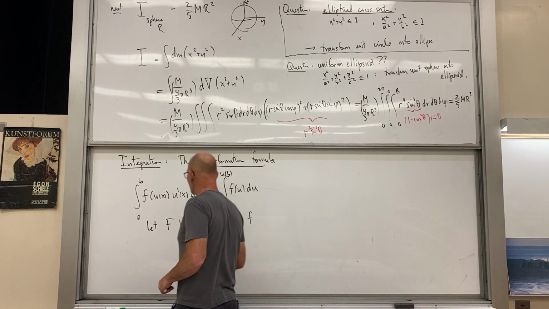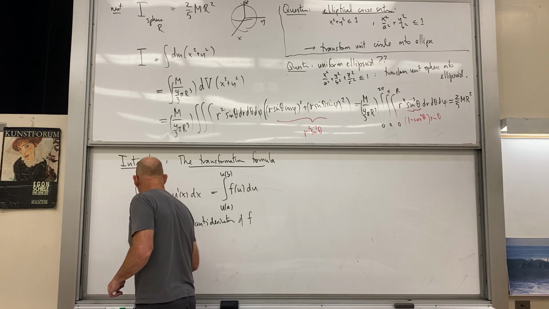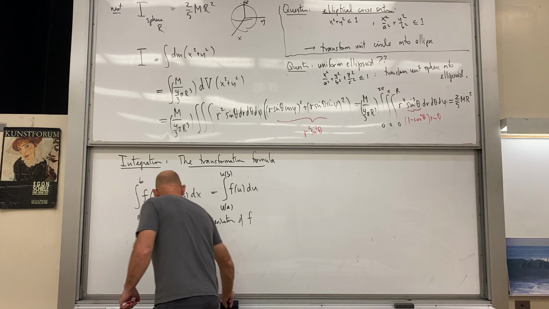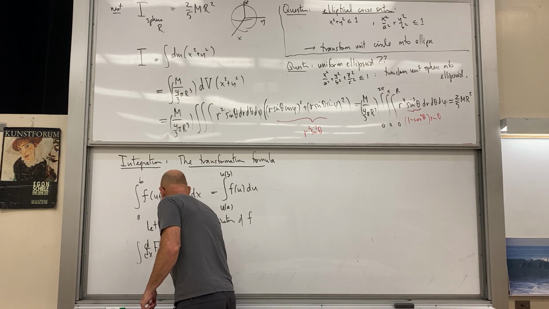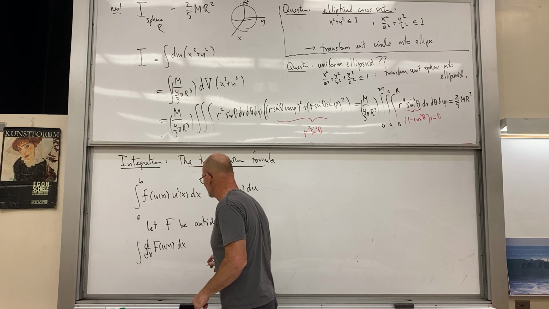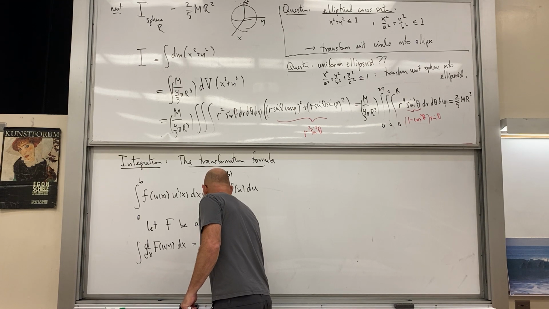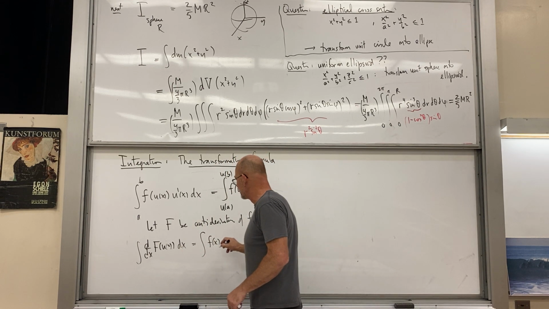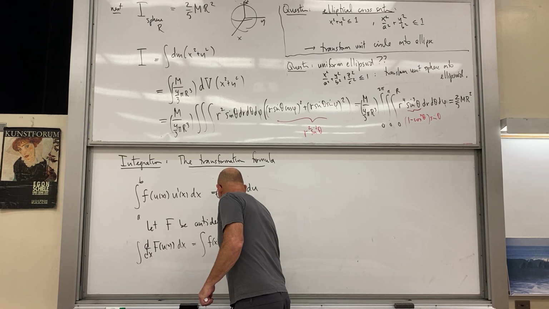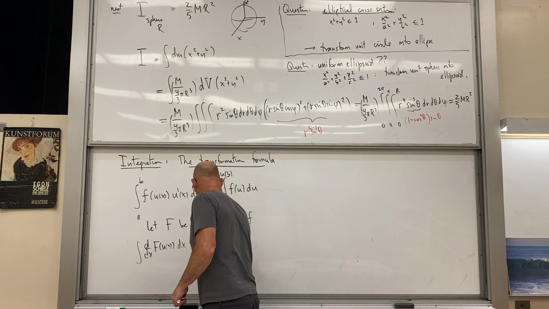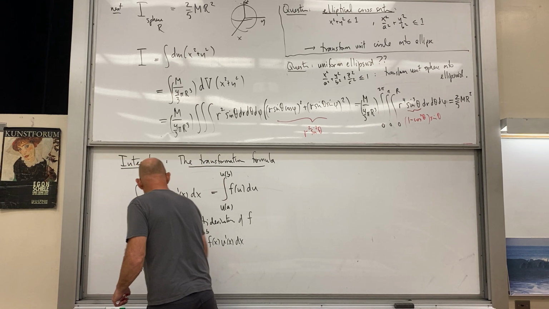of lowercase f, then what we're looking at over here is d dx of capital F of u of x dx, which is equal to f of u of x, right? It's the antiderivative, times the inner derivative u prime of x dx. So it's a to b.